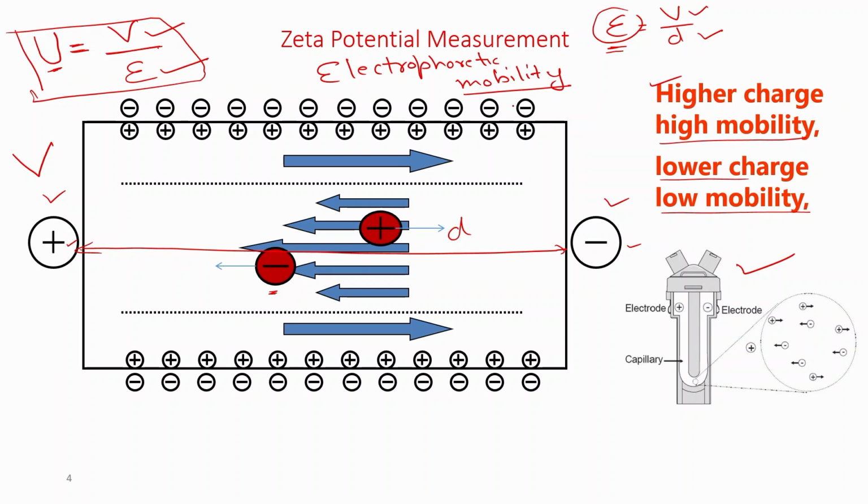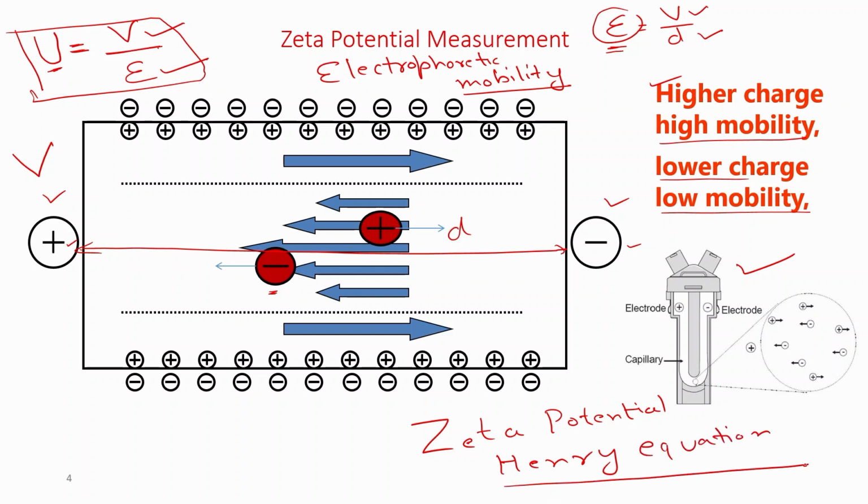Now from this electrophoretic mobility we can calculate the zeta potential by the Henry equation. That also we will see in the coming slide.